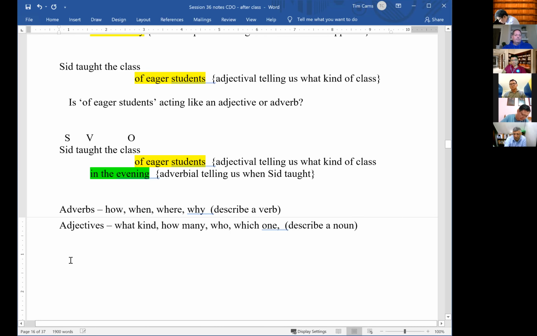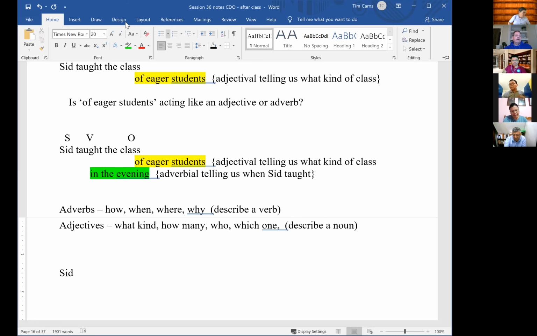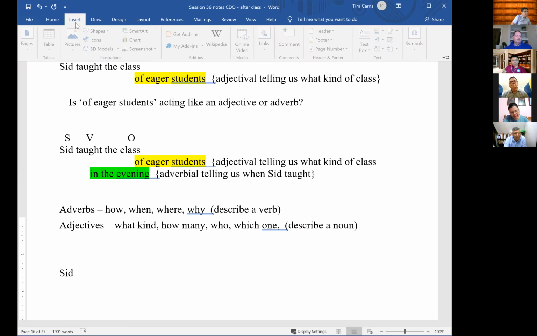Okay, so for example, if we had Sid, let's see. A line diagram would look something like this, right?